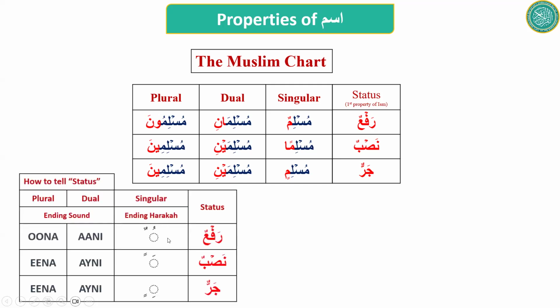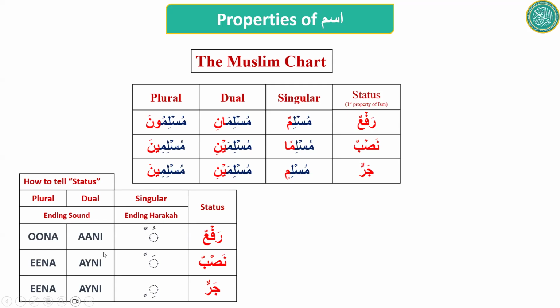And then I showed you this table last time. If it is a singular word, how do you tell the status? You look at the last haraka. If it is one dhamma or two dhamma, it is rafa. If it is one fatha or two fatha, then it is nasb.